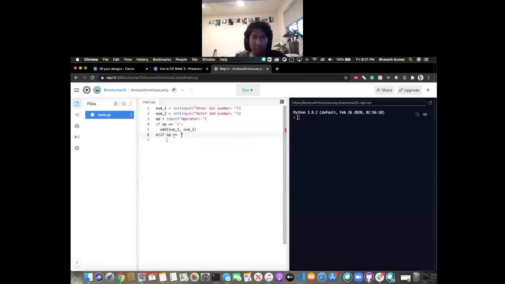operator equal to minus, and then I would write sub in the sense to write subtract num1 comma num2.